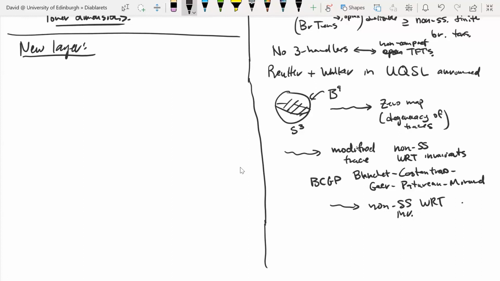Okay, so everyone knows that the WRT invariant on the math side is just the same as what people call Chern-Simons on the physics side. And as is common of most things that everyone knows, this is not true.